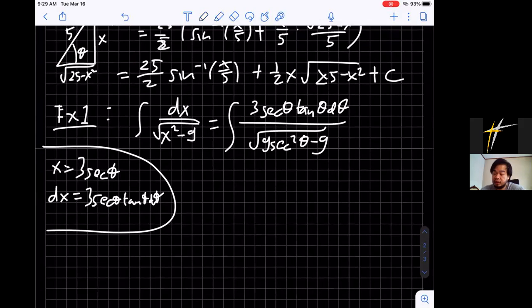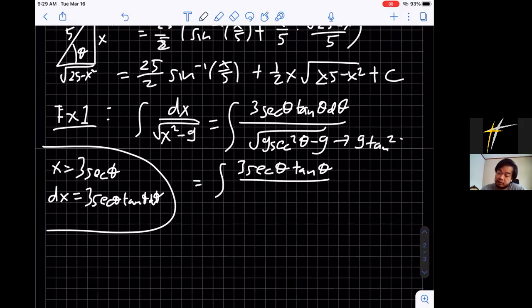Okay, so continue. So it's equal to 3 secant theta tangent theta, and this will be equal to the square root of 9 tangent squared theta, right? Because 9 in parentheses secant squared theta minus 1 is tangent squared theta. So 9 tangent squared theta.